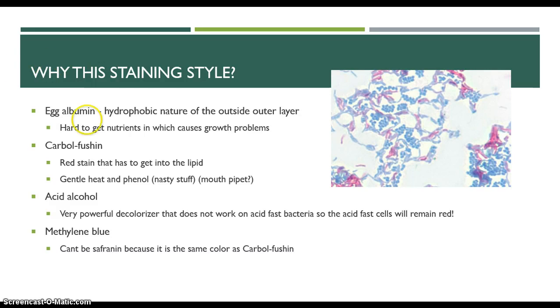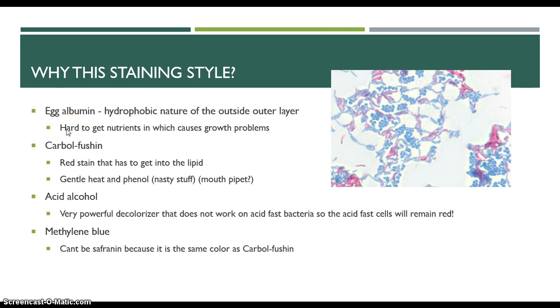What's important here is that it doesn't dissolve it, but it allows the Mycobacterium to be suspended in the culture, like water does to regular cells. Water just can't work here, so we use egg albumin instead. This is one way we combat the hydrophobic nature of the outside layer of Mycobacterium.